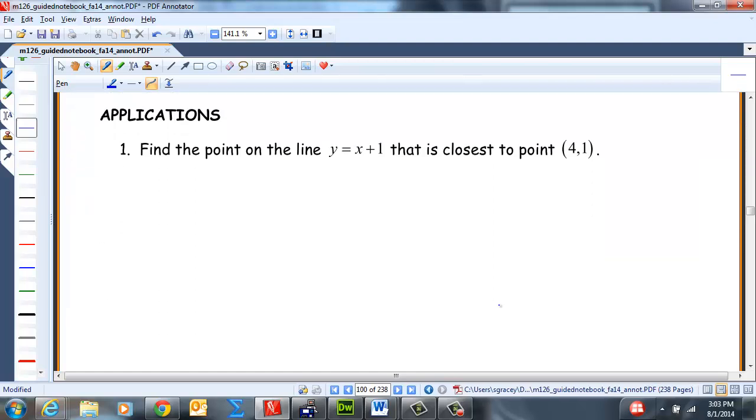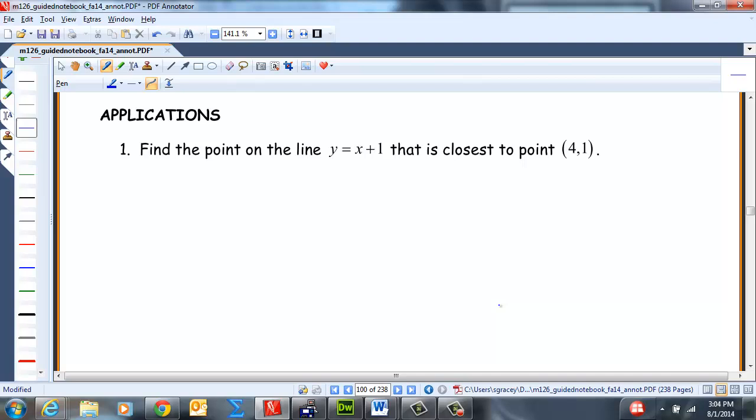Okay, so here's a couple of applications that deal with parabolas. Find the point on the line y equals x plus 1 that is closest to the ordered pair (4, 1). So what do we know? We know how to take a function and write it in x alone, right?